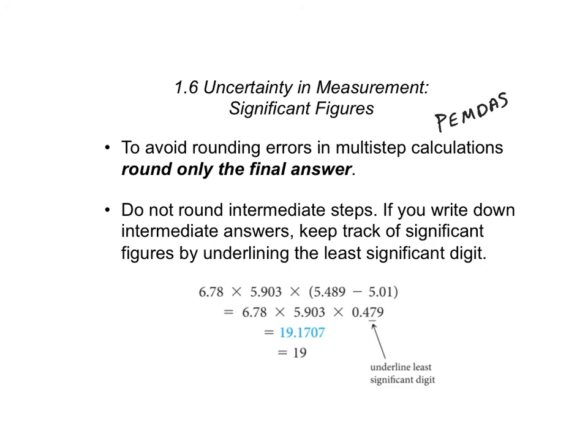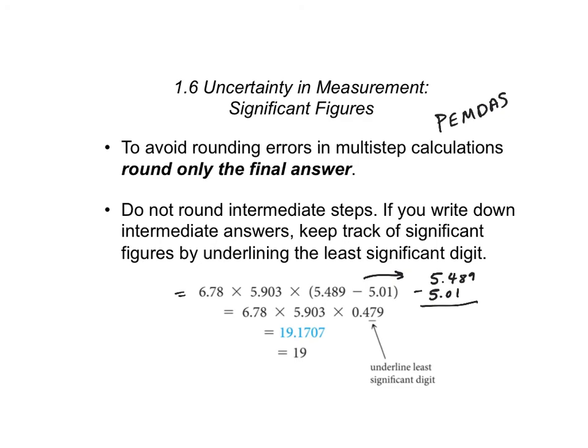So what do I mean by that? Let's say we're doing this calculation here, okay? We've got a number multiplied by a number multiplied by something in parentheses. What am I going to do first? I'm going to do the parentheses first, right? So in the parentheses, what is happening? I'm subtracting, right? So I have a number, 5.489, and I'm subtracting from it 5.01. If I was going to report this answer to the correct number of decimal places, where would I report it to?